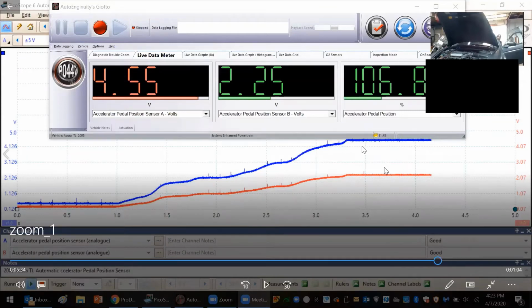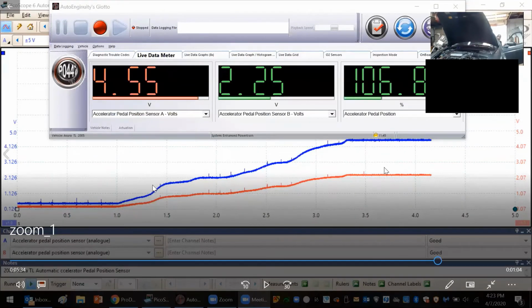Notice that the top one's channel A, that goes to almost 5 volts, and you'll notice that it's right around a half a volt whenever it's at its resting position. The bottom one is about 1/4 volt, and it goes to about 2.5 volts. So they are different sensors built into one unit.